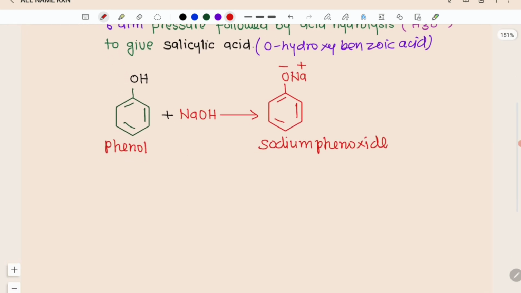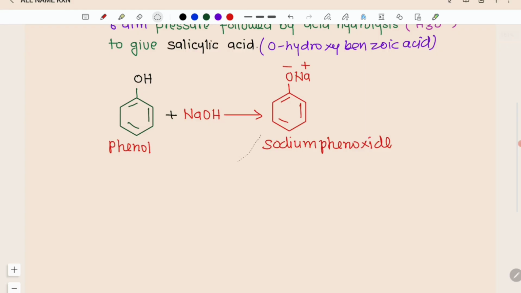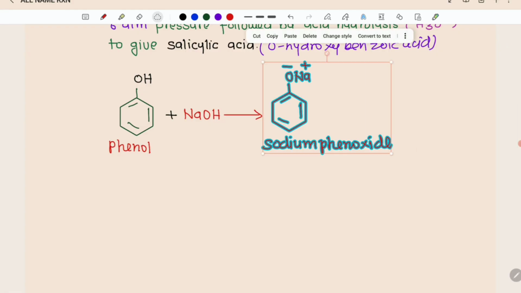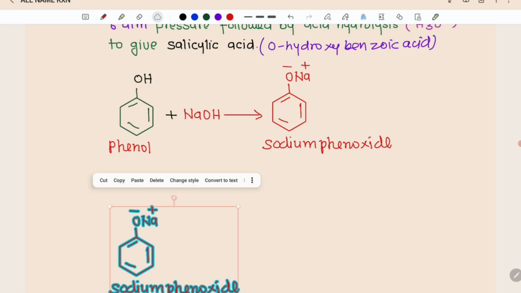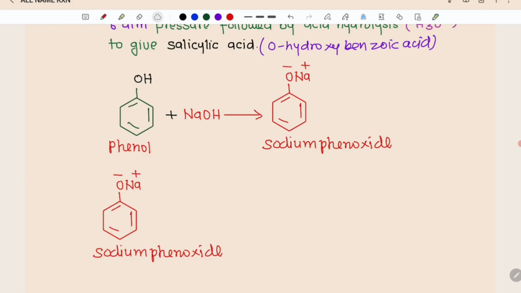This sodium phenoxide is now treated with carbon dioxide at 398 Kelvin and 6 atmospheric pressure, followed by acid hydrolysis.